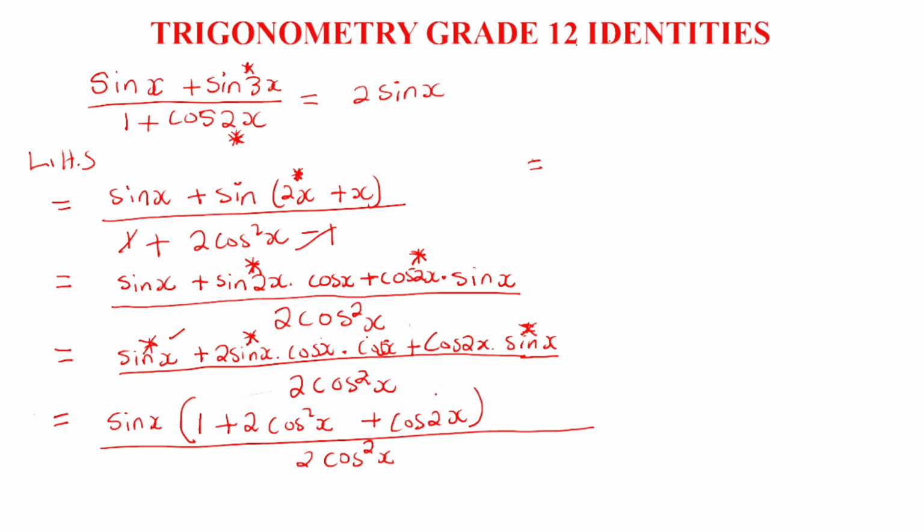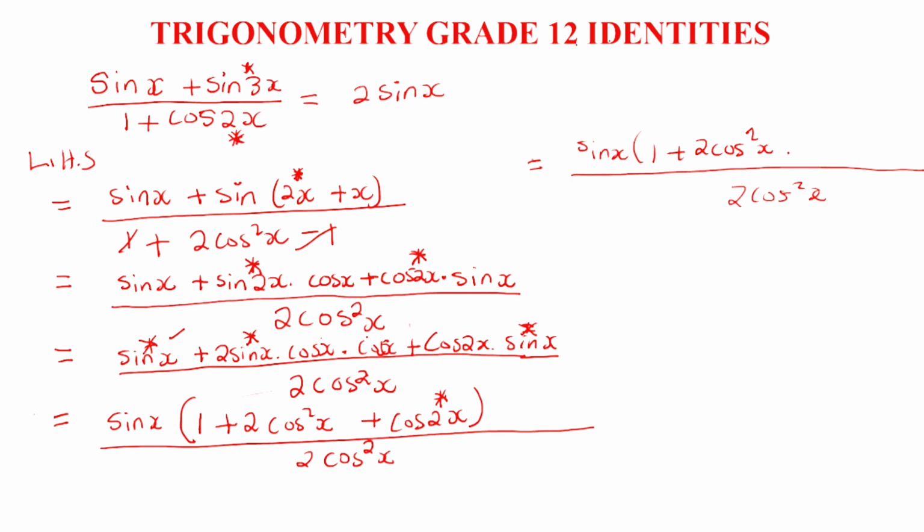So now we're going to change this identity because we managed to change that one and we simplified everything. So it's still going to be all over our denominator, which is 2 cos squared x. Our common factor is still here, sine x, times 1 plus 2 cos squared x.